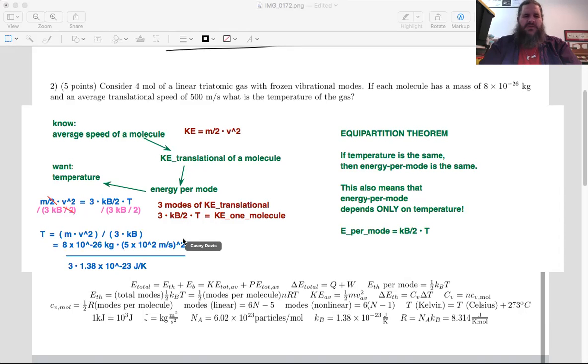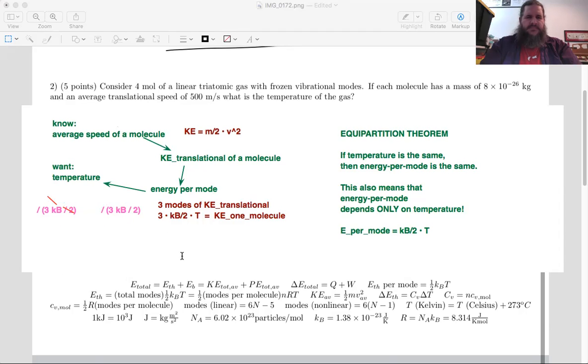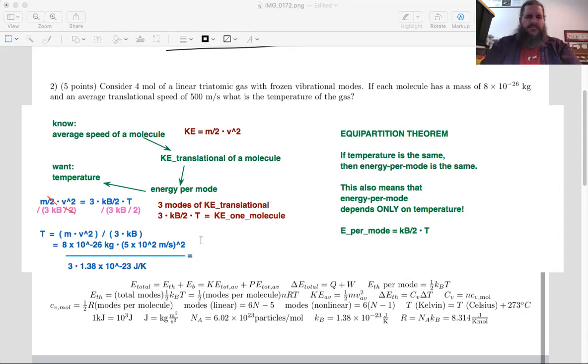Because what do you get when you square 5 times 10 squared? If you multiply 5 times 10 squared by itself, what do you get?